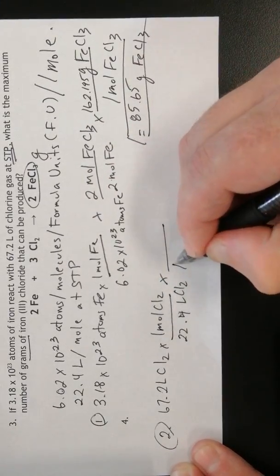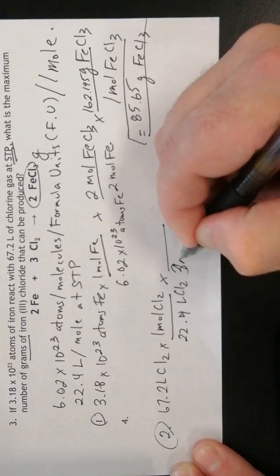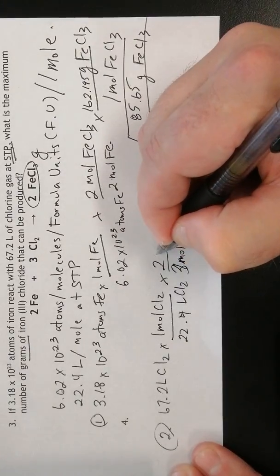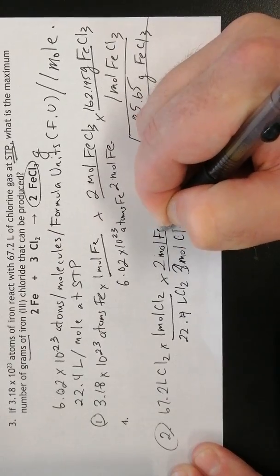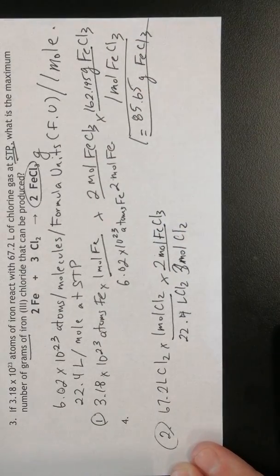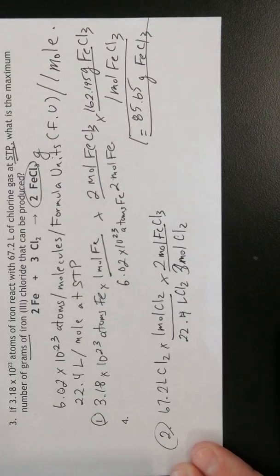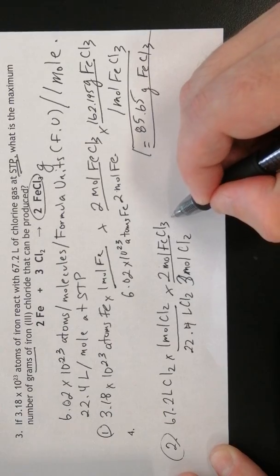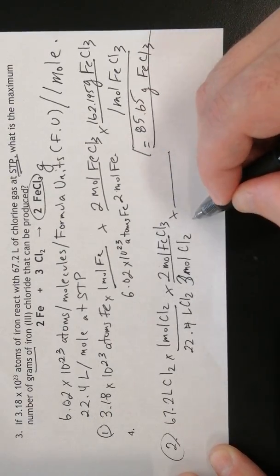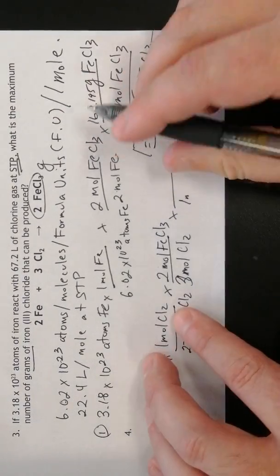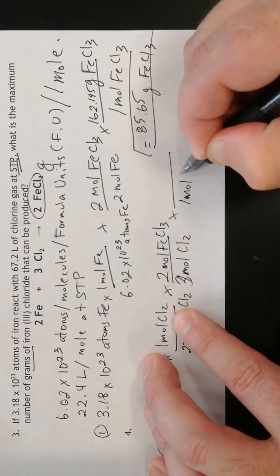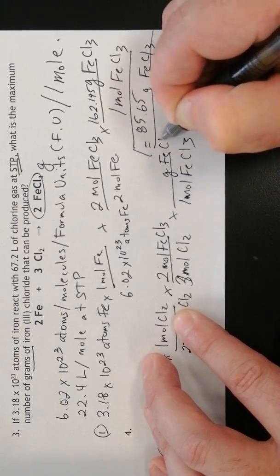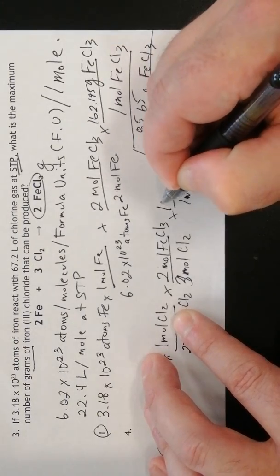And careful, 3 moles chlorine gas to 2 moles iron 3 chloride, then 1 mole iron 3 chloride to 162 grams iron 3 chloride.